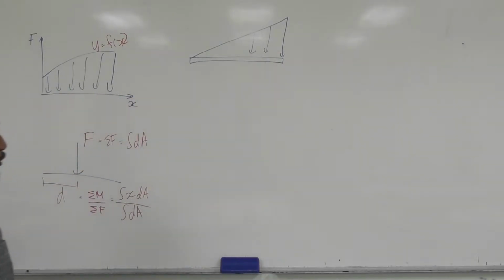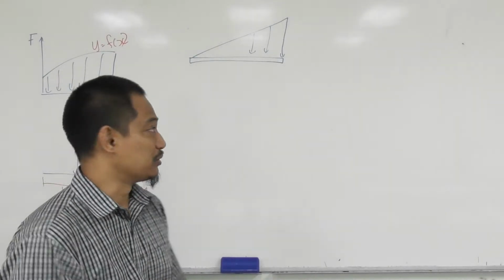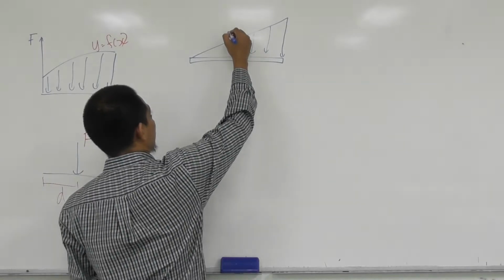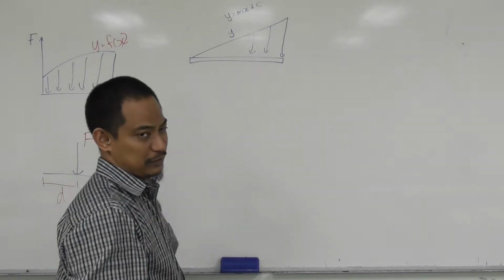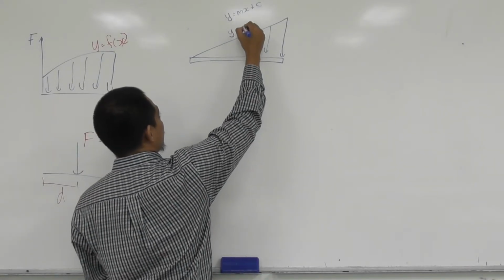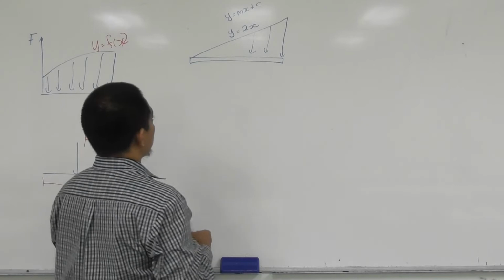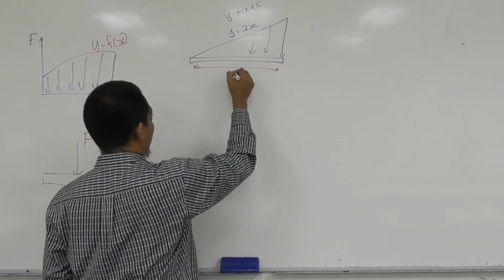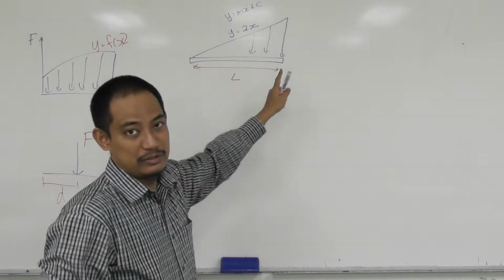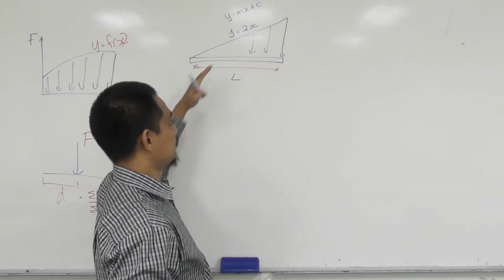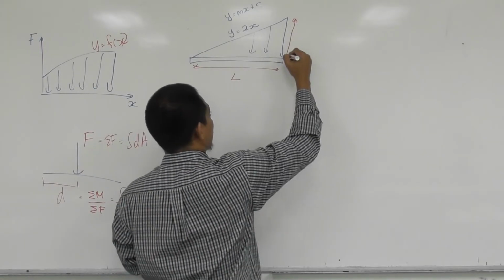If we imagine the slope to be, for example, y equal to mx plus c, and we assume the slope is 2, so let's say y equal to 2x, and we consider this to have the length of L. Even though this drawing is not logical, because a slope of 2 should be steeper, just as an example, the end here will be 2L.